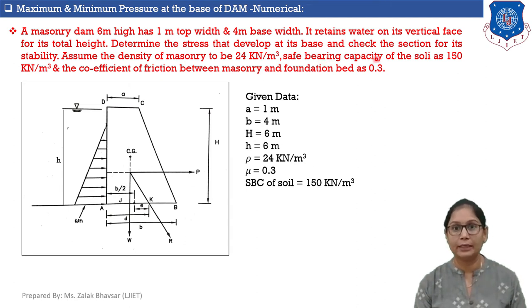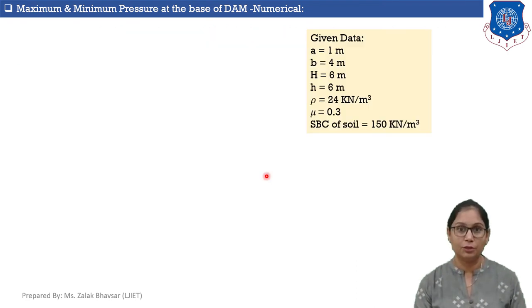The safe bearing capacity of the soil is 150 kilonewton per meter cube. So SBC is also given. The coefficient of friction between masonry and foundation bed is 0.3. So the value of mu is also given, which is 0.3. Now let's start with solving the numerical. These are the given data.